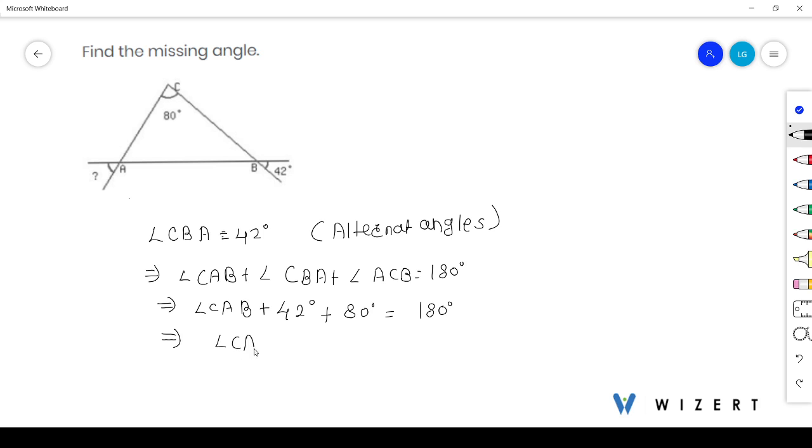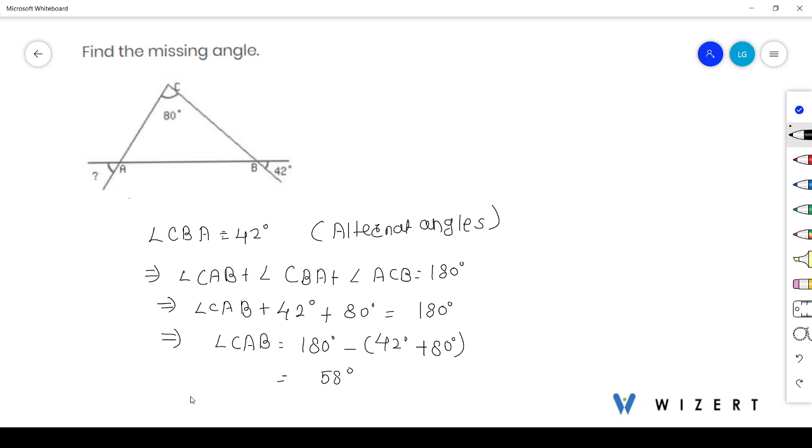So angle CAB is 180 degree minus 42 degree plus 80 degree. It will be 58 degree.